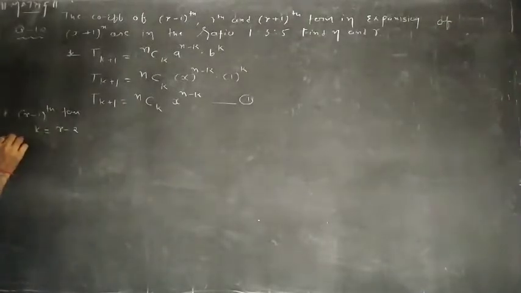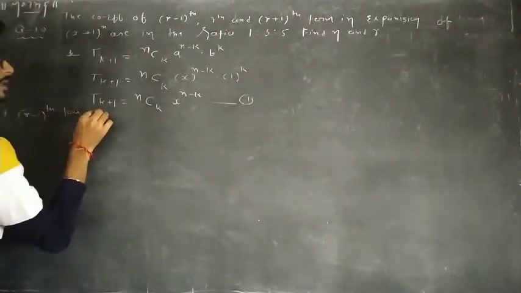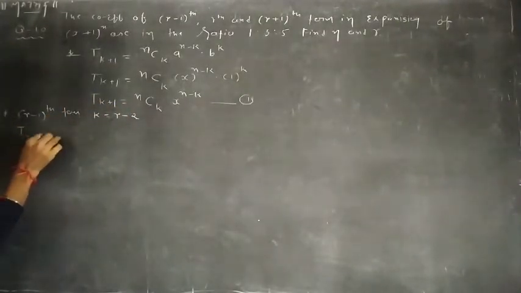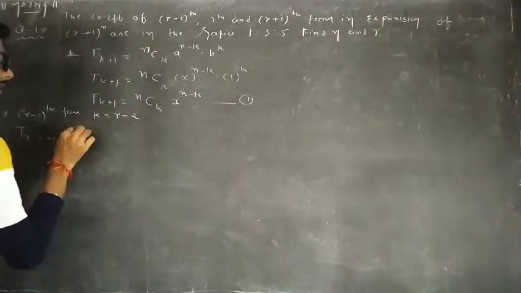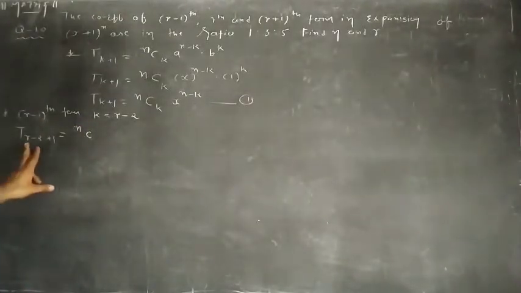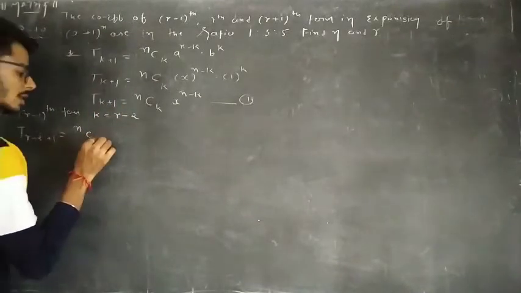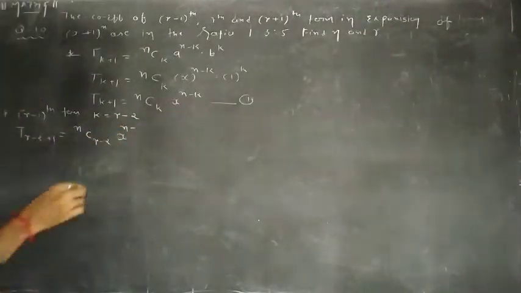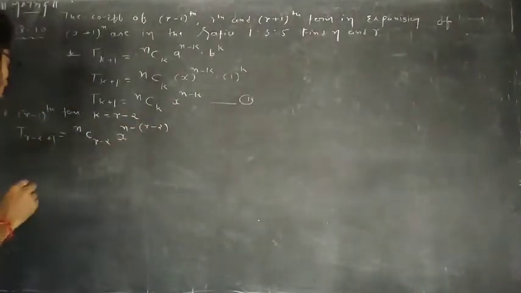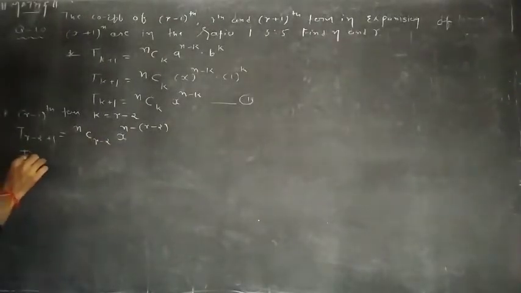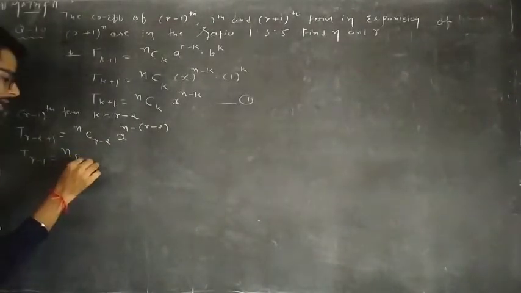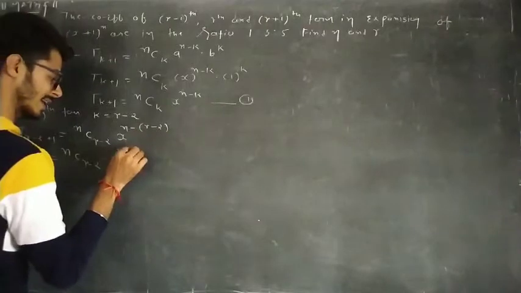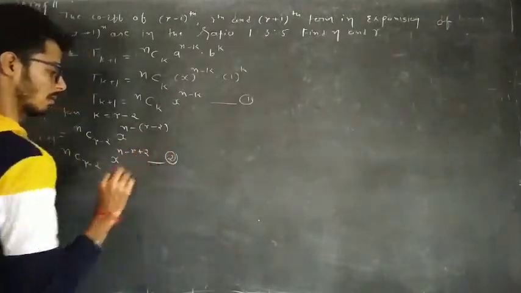So T(r minus 2 plus 1) = nC(r minus 2) into x raised to n minus (r minus 2). Thus T(r minus 1) = nC(r minus 2) x raised to n minus r plus 2, which is equation number 2.